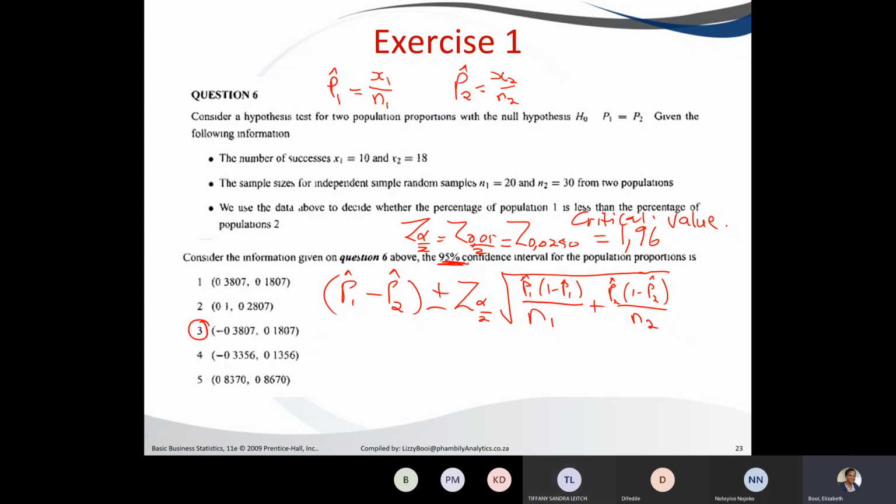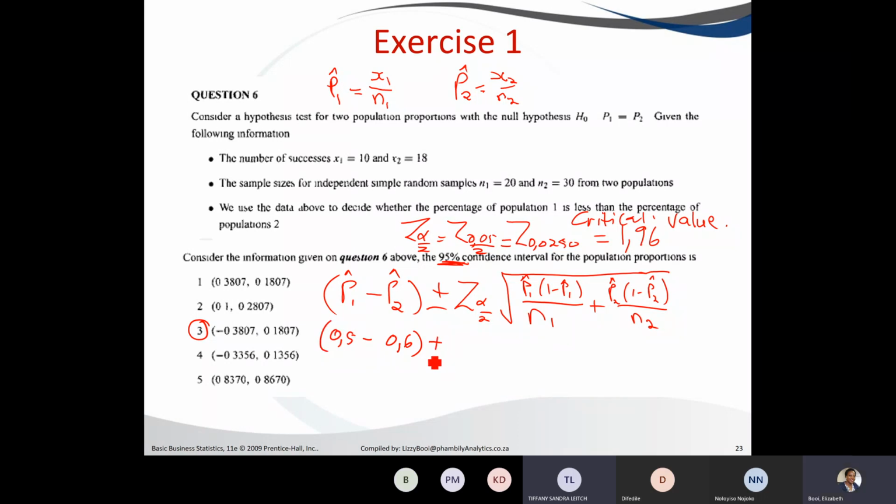Let's put in the missing parts. So P1, what did you get for P1? I got 0.5. 0.5 minus 0.6. Yes.